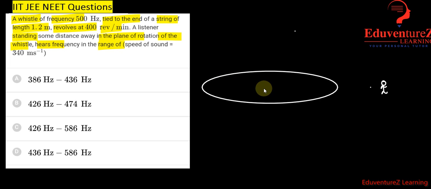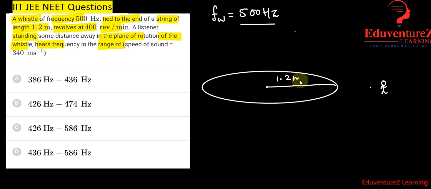You have said that the frequency of the whistle is 500 hertz, and the length of this string is 1.2 meter. So the radius of the circle is also 1.2 meter.